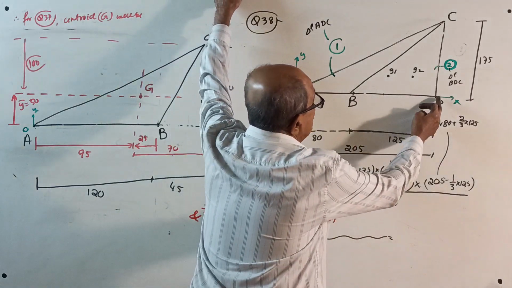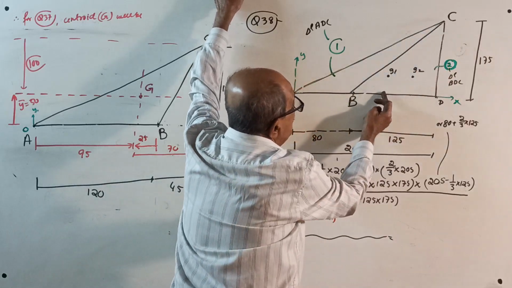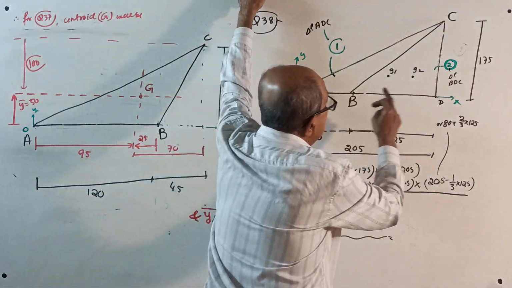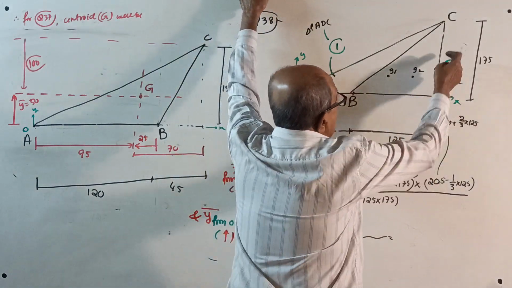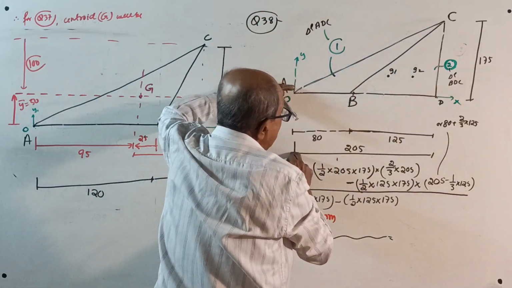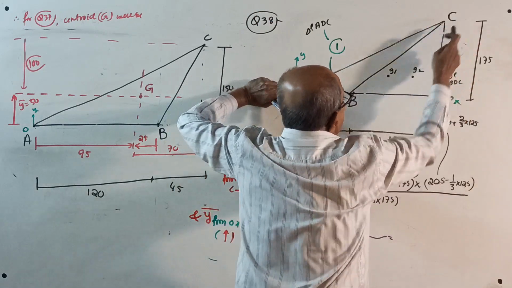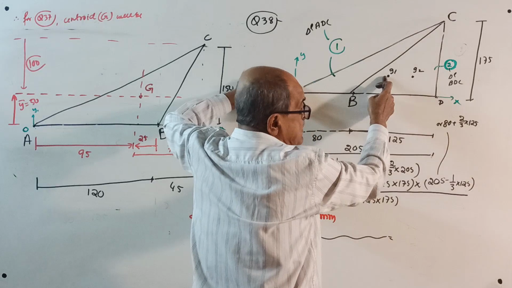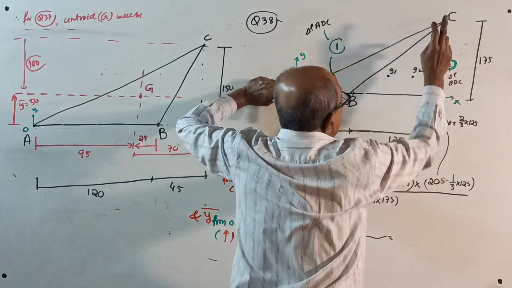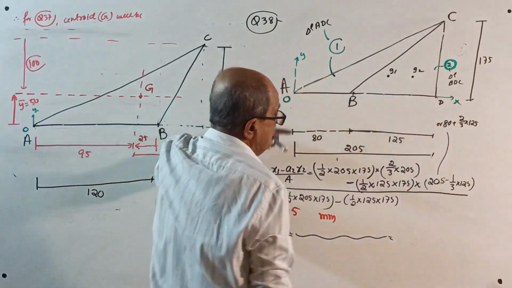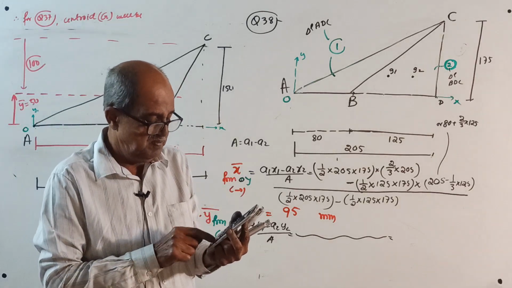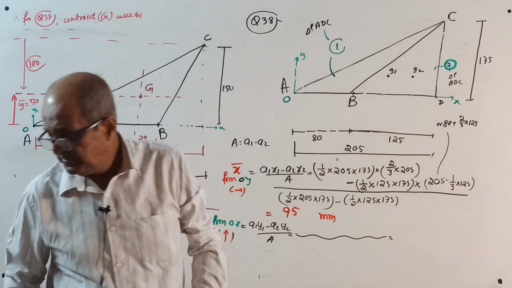Half into 205 into 175 into 1/3 of 175 minus half into 205 into half into 120. Once again, full triangle: half into 205 into 175 into 1/3 of 175 minus half into 125 into 175 into 1/3 of 175, divided by A1 minus A2. It will come 58.333 millimeter.